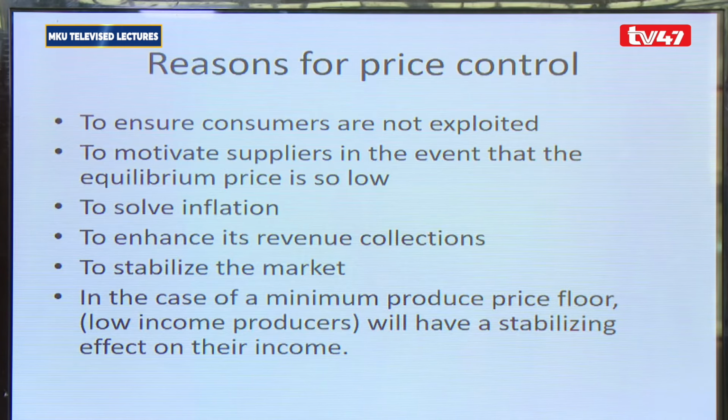And also to motivate the suppliers. If, for example, the equilibrium price is so low that it is discouraging the suppliers from producing more, the government may set it above the equilibrium. The reason being to increase the prices in such a way that it is going to motivate the suppliers to continue producing the output.